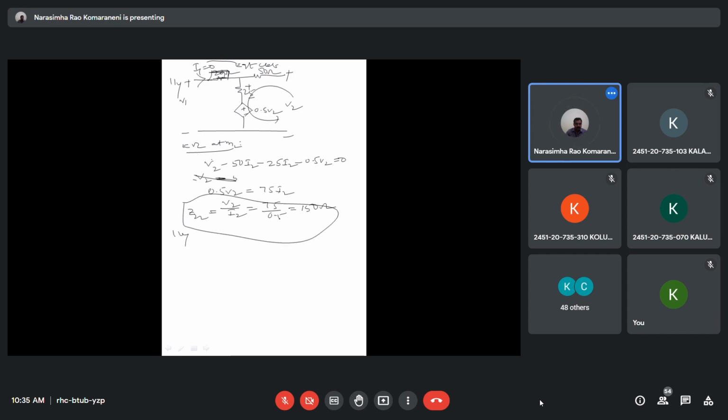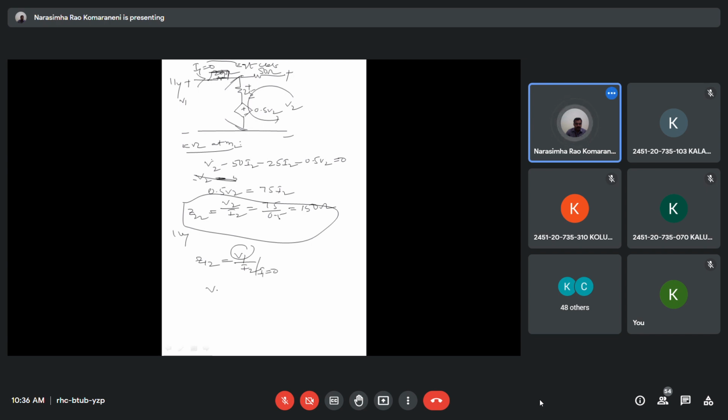Similarly, when V1 is 0, to find out this Z12, which is V1 by I2, we need the V1 value. So to find out this V1, if you find out the drop across this terminal, then I1 is 0.